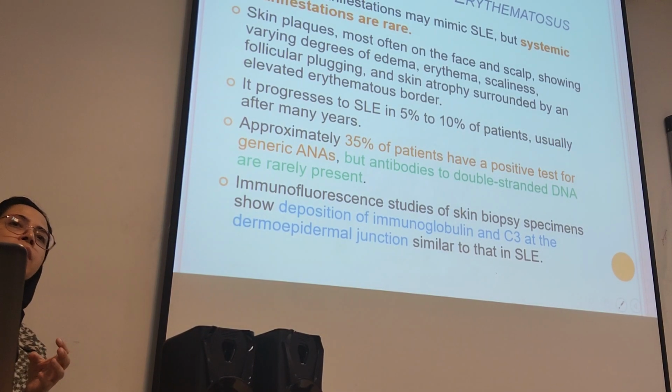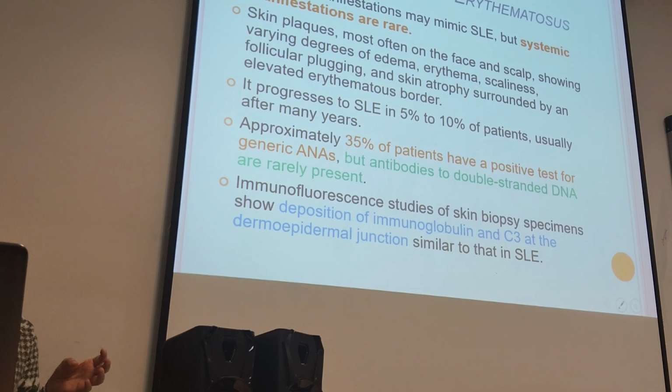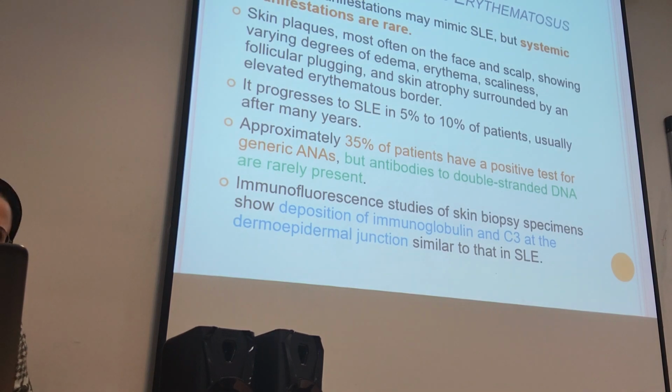So if we have a patient with skin manifestations, it is called discoid lupus erythematosus. And 35% of these patients have positive ANA, but positivity of double-strand DNA is rare in these patients.